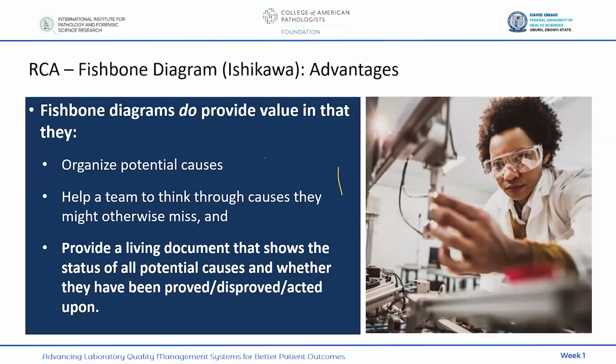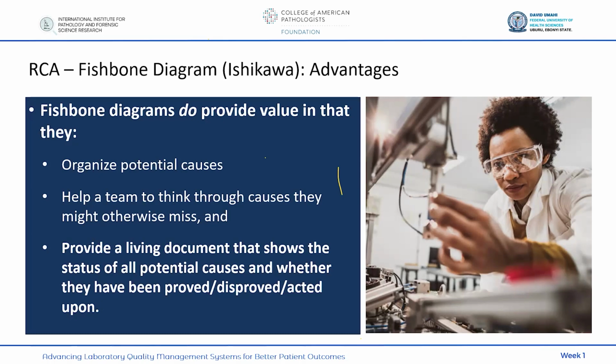So, we believe that Ishikawa has very good potential for brainstorming, okay? It organizes potential causes well and helps a team think through causes they might otherwise miss if they are just asking only 5 whys. They may even miss some things.